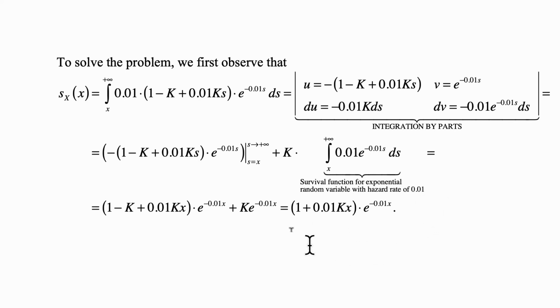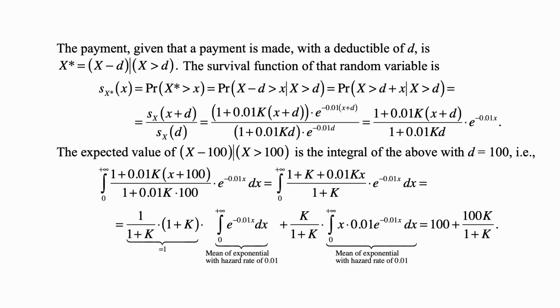Okay, we combine the like terms, and this becomes 1 plus 0.01 kx times e to the minus 0.01 x.